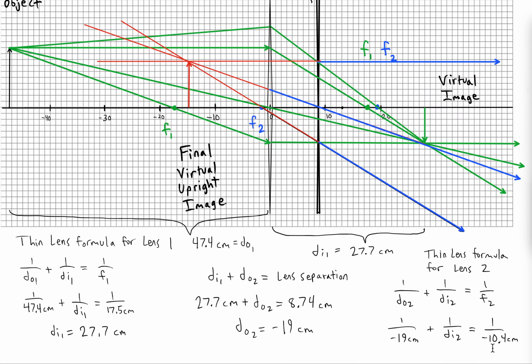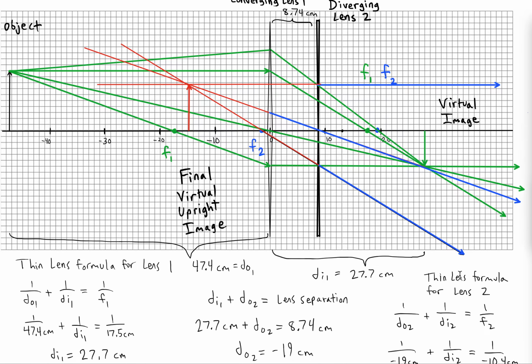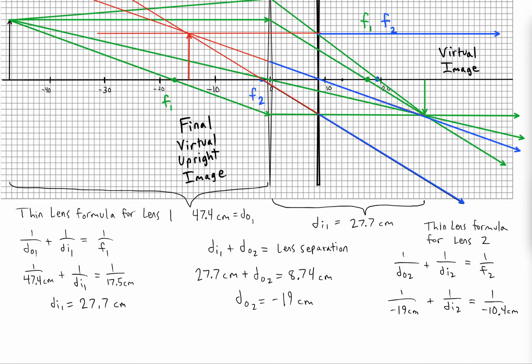This is a diverging lens. Yeah, we have to use a negative focal length. And I get a final answer of DI2 equals negative 23 centimeters.